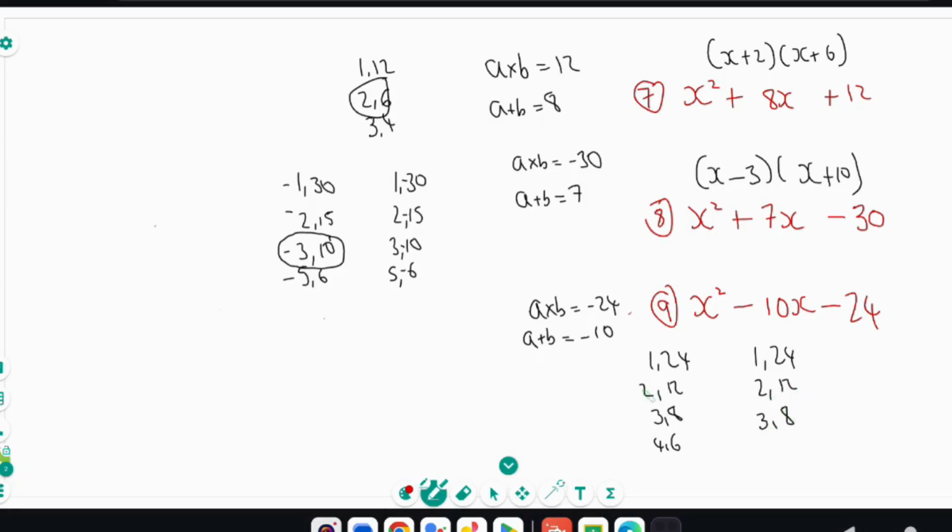Already found it. It is 2 minus 12. x plus 2, x minus 12.